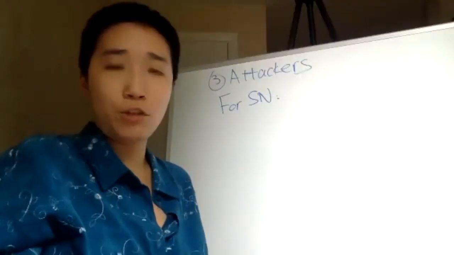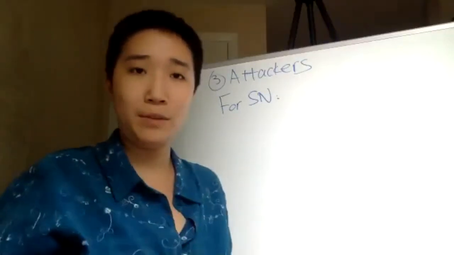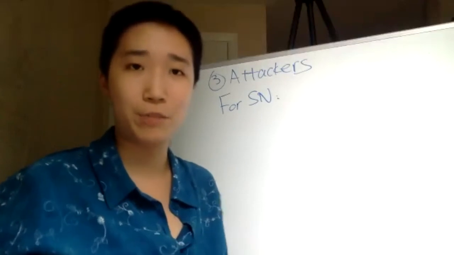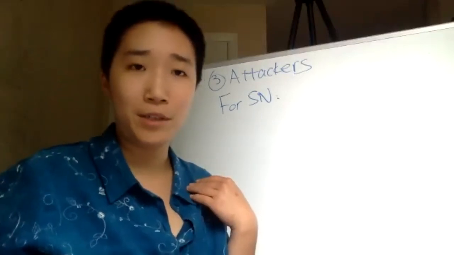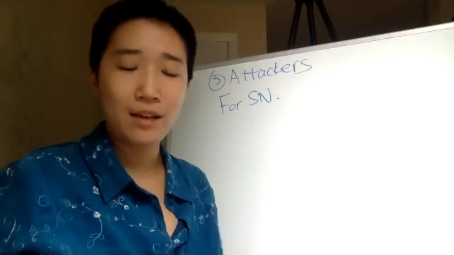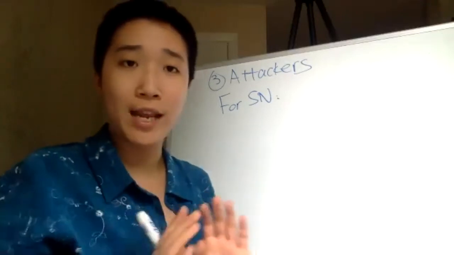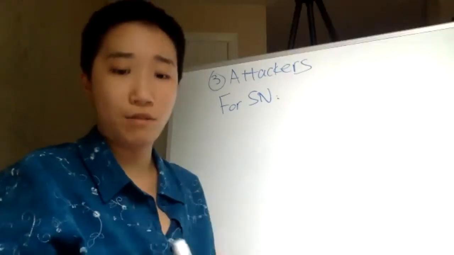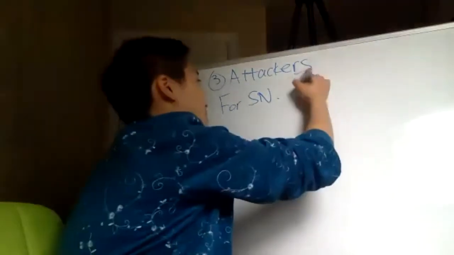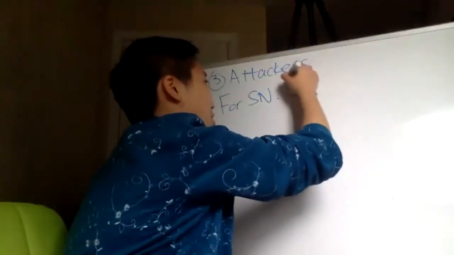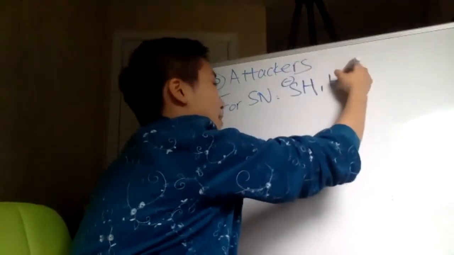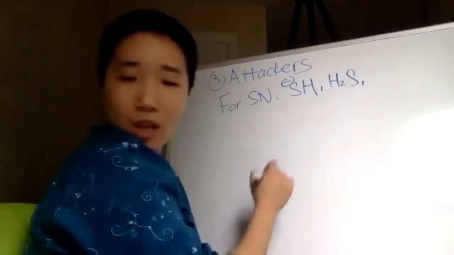And I'm going to give you a bunch of examples, which Sydney has already shown you, but I think it would be good for me to re-emphasize them. A bunch of molecules that can only act as nucleophiles, such as SH minus, H2S, what else?